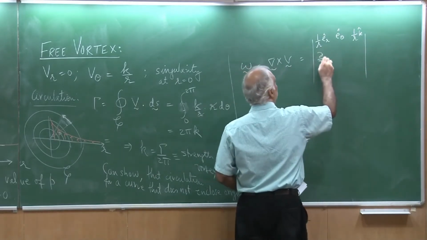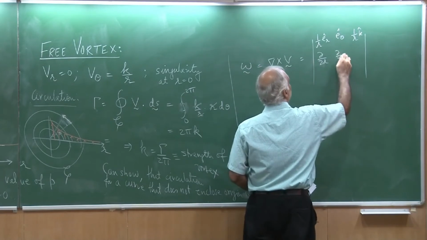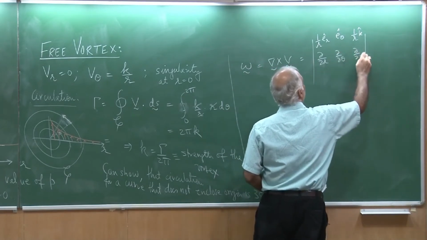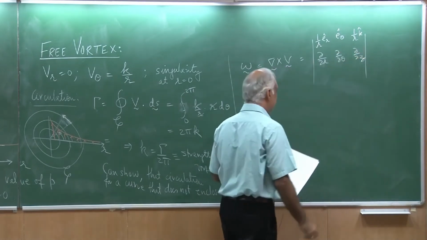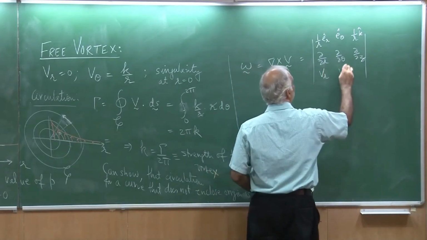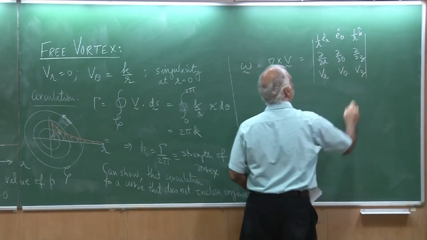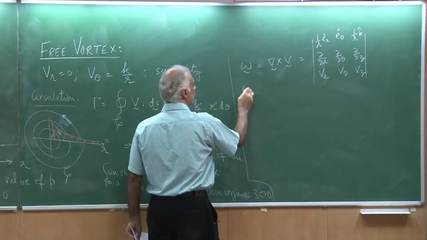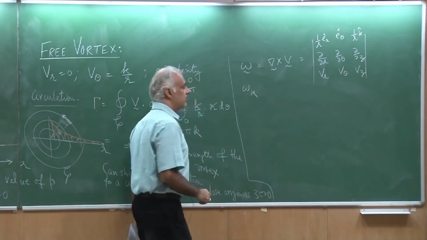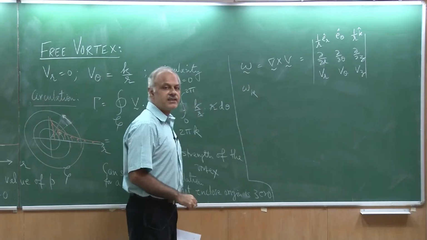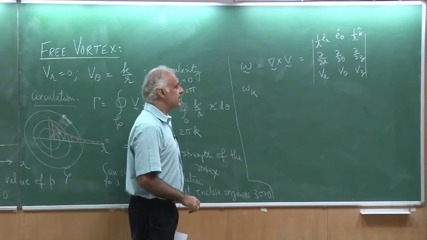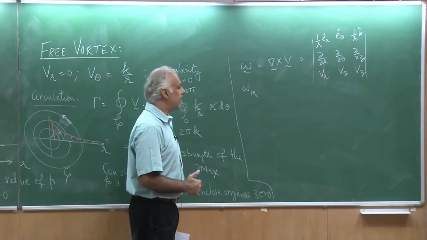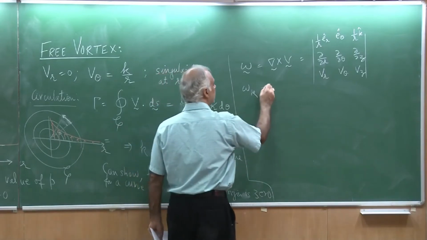And this is of course del by del r, del by del theta, del by del z, and Vr, V theta, Vz. We are interested in omega k, which is essentially the component in the z direction, that means outside the plane of the flow. That's because it's a two-dimensional flow.